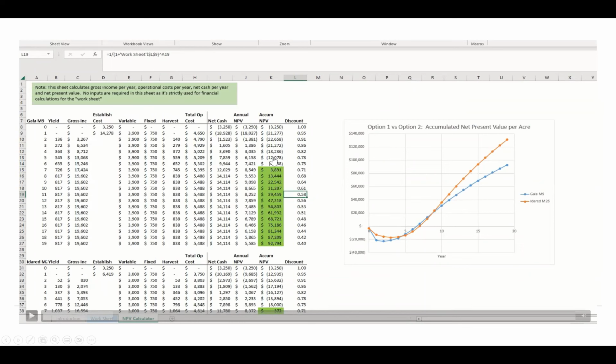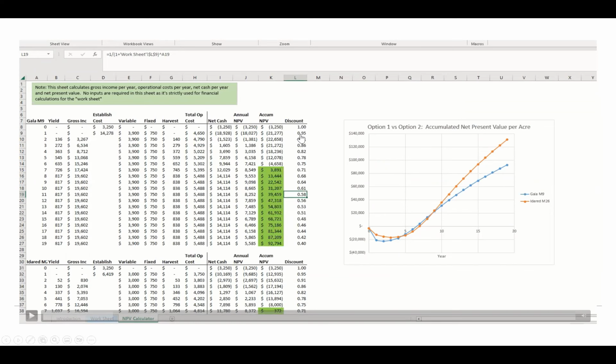This is the annual net present value, and this is the accumulated net present value over time. This shows that at the end of 19 years, the accumulated net present value is positive at $92,000. And this shows you the discount rate that's used every year.